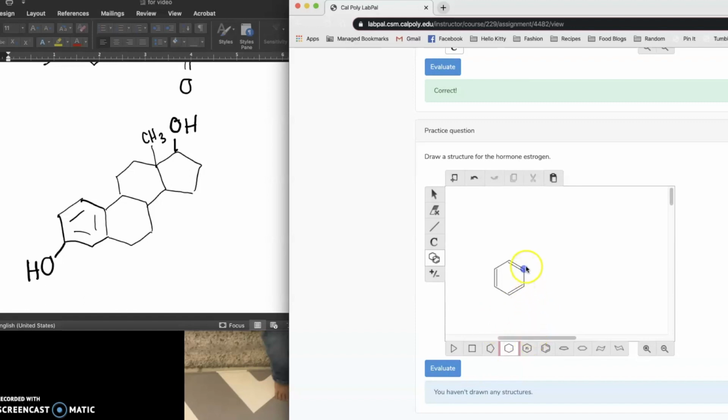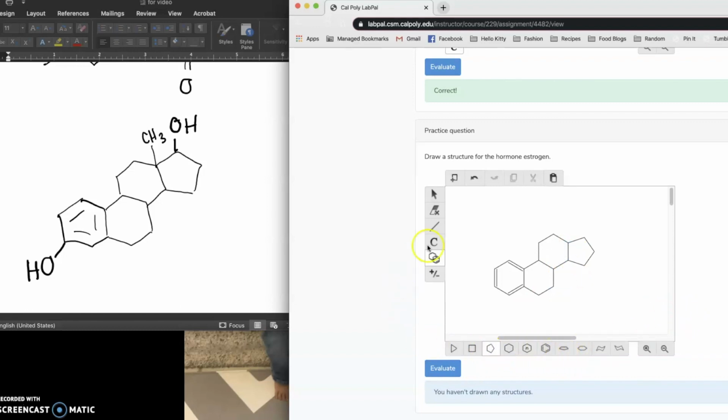So instead of drawing the 5 carbons that connect to it, I'm going to select the 6-membered carbon ring and then hover over where I want it to be bonded. So I want it to be bonded right here where the blue is. And there we go. Okay, and then the second 6-carbon ring goes up here. And then bonded to that is a 5-carbon ring right here.